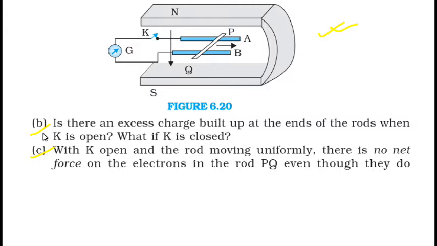Question number B: is there an excess charge built up at the ends of the rod when K is open? What if K is closed? So let us see the solution.